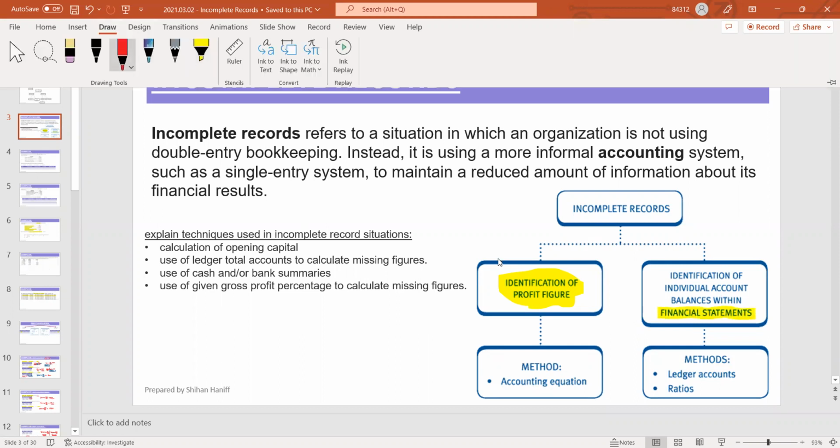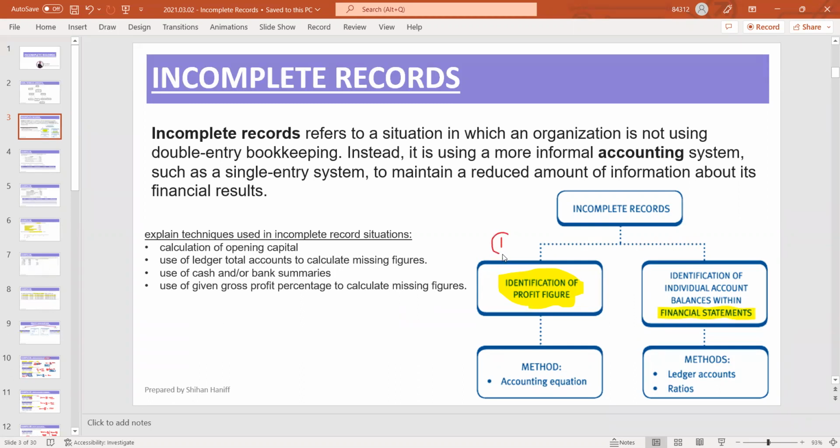So the questions will be based on number one, identifying the profit. The second type of question is preparing financial statements, right?